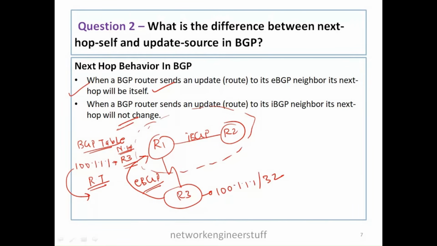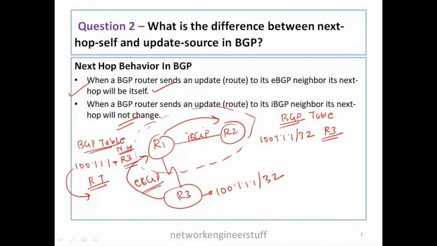Now, when R1 sends the same route to R2, in R2's BGP table the route 100.1.1.1/32 will get installed, but the next hop will be R3, because our next hop behavior says that when a BGP router sends an update to its iBGP neighbor, its next hop will not change. So it is not changing.